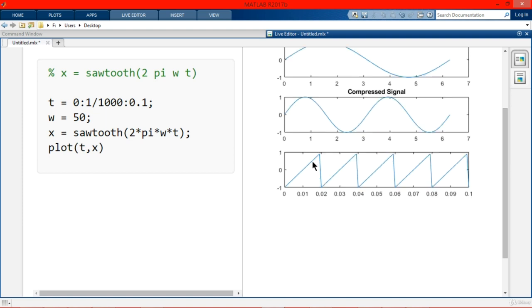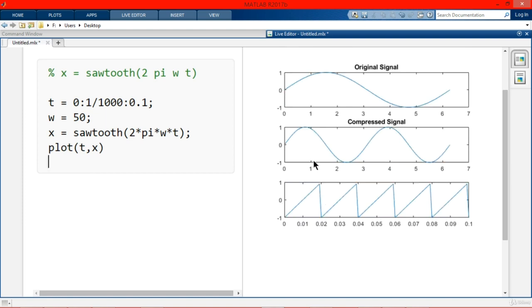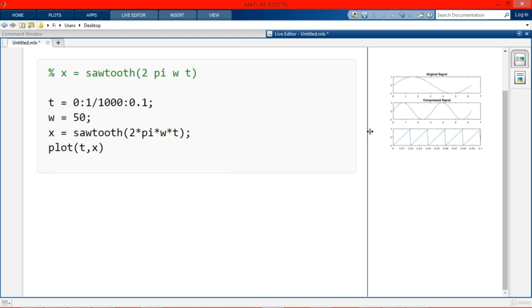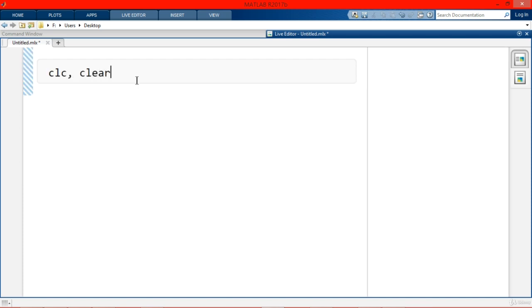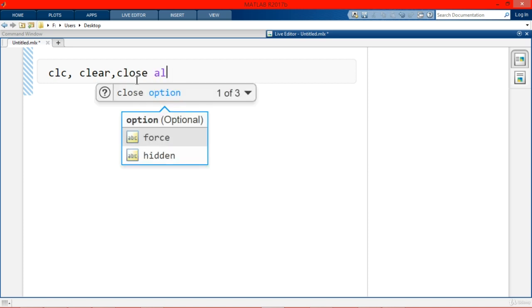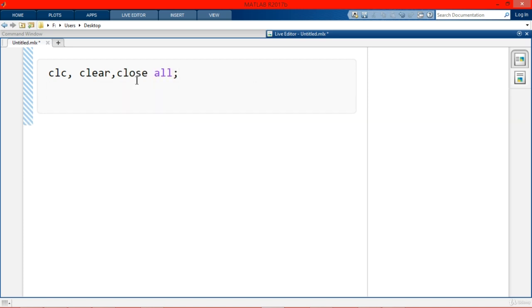And you can see that, as the result shows, the signal is repeating itself after a constant time period, which means it's a periodic function. Now let's see aperiodic signals. First, define the time period. t equals from -1 to +1 with the spacing of 1 divided by 1000.